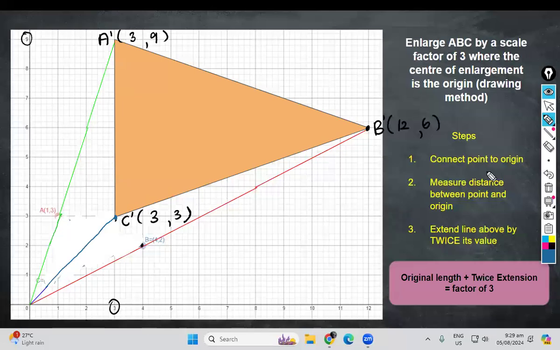So here's the easiest way to go about it. If you know that this triangle was made 3 times larger, and the center of enlargement was the origin, all you have to do is measure. Let's start off with the green line. We would take our ruler and measure the length of the green line.